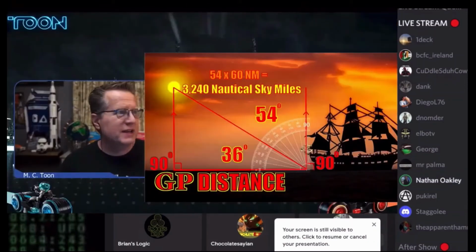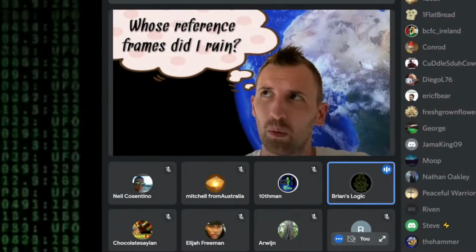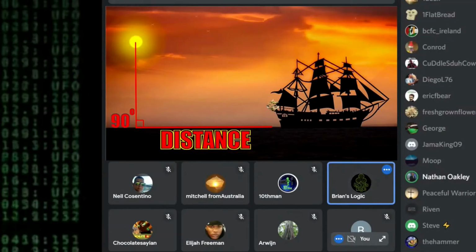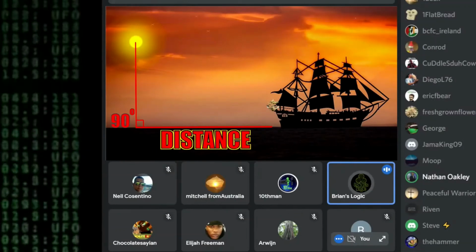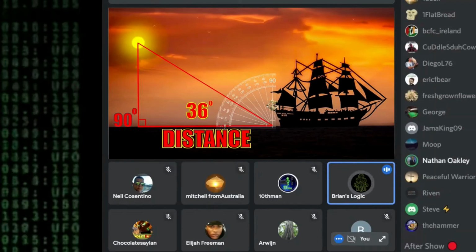But if you're doing triangulation, you do a triangle on the surface of flat Earth, presuming flat Earth, you need three lines and it is a right angle triangle. You need the horizontal baseline adjacent, you need the hypotenuse angle line, and you need the opposite, which is the zenith from the GP.